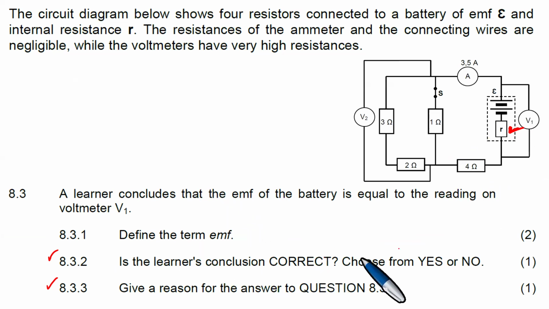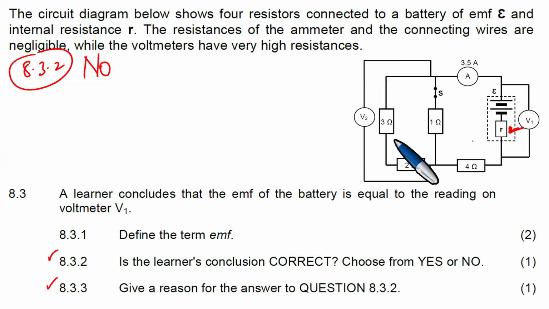In the presence of internal resistance that is not negligible, we would say it is close to measuring the EMF, but it's not an accurate measurement because of the lost volts in the battery.